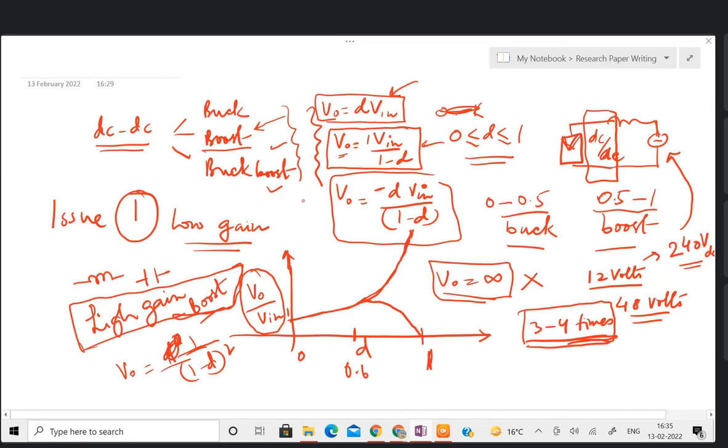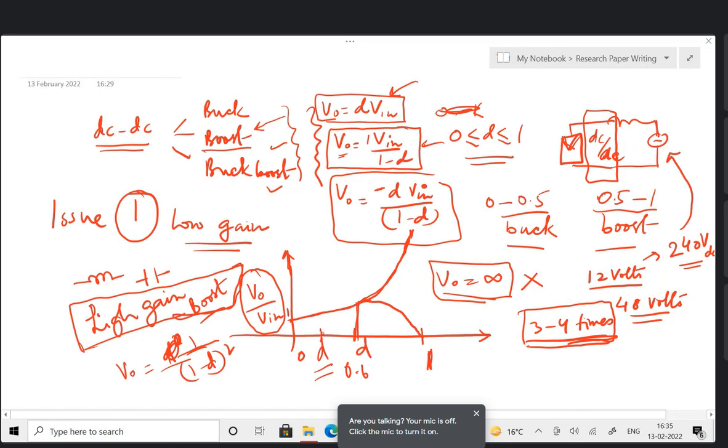So we have multiple topologies that have been suggested by researchers, especially in the recent decade, and they have come up with various topologies in DC-DC converter configuration in which very high gain output is possible at lower D. Achha, one more thing, you should obtain a very high value of output at lower D.